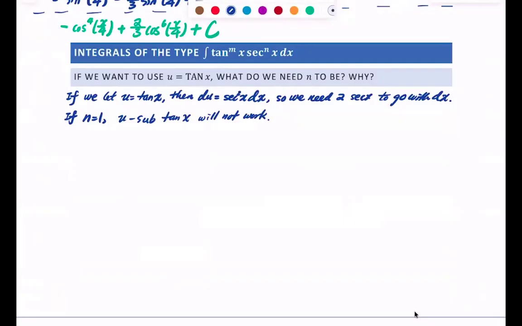Okay, and if you only have two secant there, if n is 2, then you don't have anything extra, so it's like the perfect setup, all right? So I'm not gonna talk about that case, but what if n is greater than 2? So you have leftover secant. Okay, so if you have leftover secant, we need to convert the extra. How many extra? It's n minus 2.